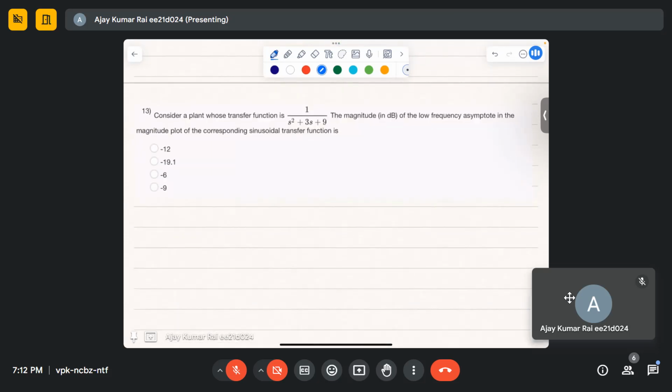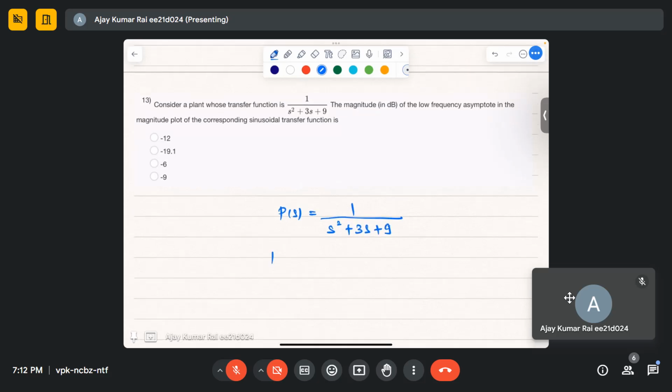Let's go to the 13th question, which says: consider a plant whose transfer function is this. The magnitude of the low frequency asymptote in the magnitude plot of the corresponding sinusoidal transfer function is. So we are given this second order plant. The sinusoidal transfer function is, you put s equal to j omega.